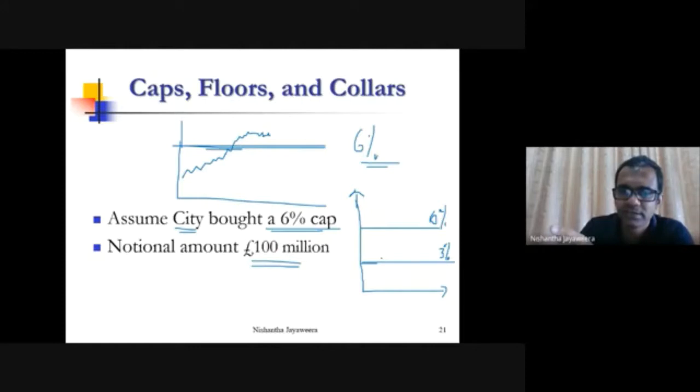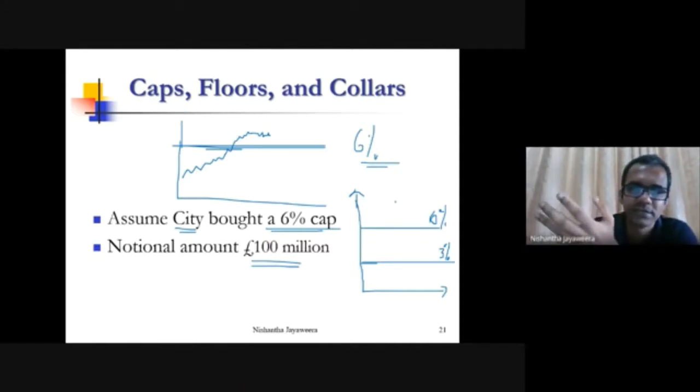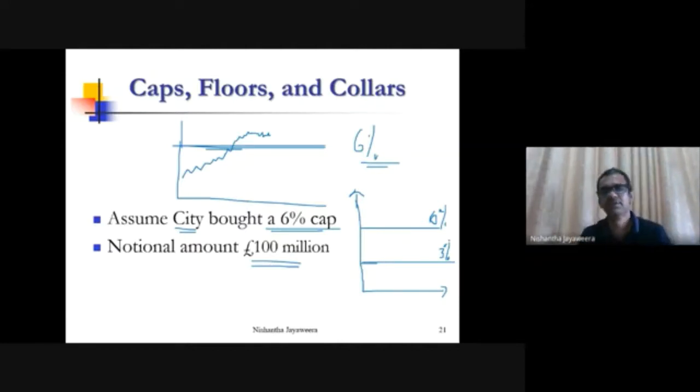Based on that, they expect interest rates not to go down below this. Say the chance of going down is 10% and the chance of going up is, say, 50%. The remaining 40% is to remain in between. So it's odds.